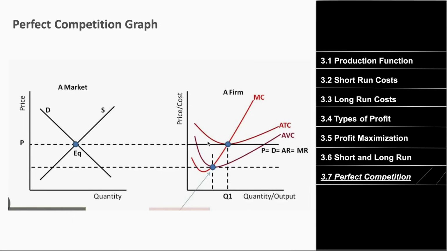We still have the ATC, we have the AVC, remember, V, but now we also have the marginal cost, which is kind of like a Nike swoosh. It starts positive, decreases, and then starts increasing like that. But now we have a constant demand curve like this. Price equals demand equals average revenue equals marginal revenue. All you really need to know is demand equals marginal revenue equals price.